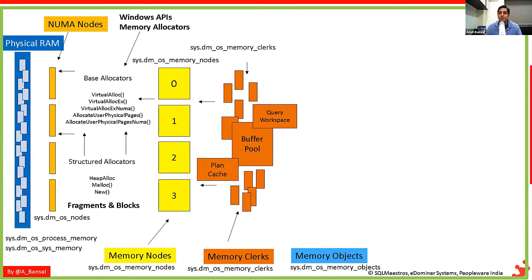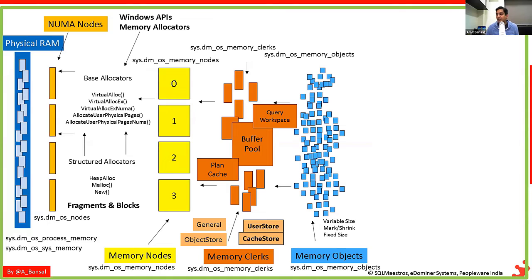In the upcoming demos, you will see that I'm going to use sys.dm_os_memory_clerks quite frequently to see where my memory is being consumed, not my memory, SQL Server's memory. Then comes one more part of the diagram there: general, object store, user store, and cache store. Typically, clerks are divided into these 4 categories: general, object store, user store, and cache store. What's important for us to know is about cache store, and I'll come to cache stores in a moment.